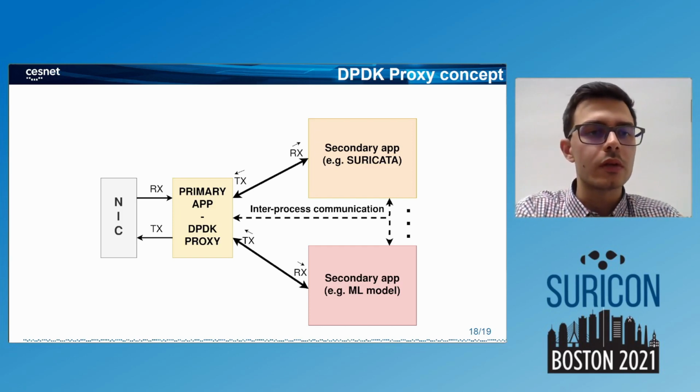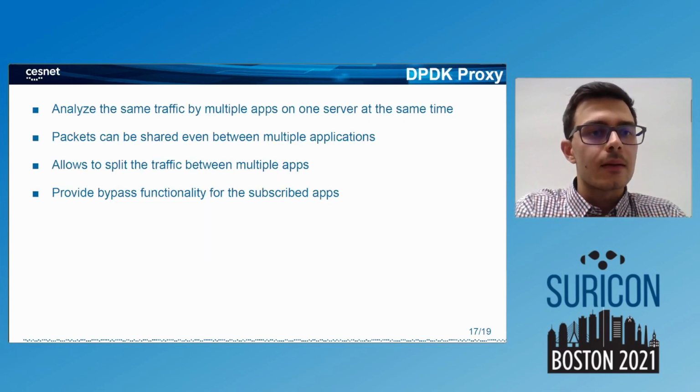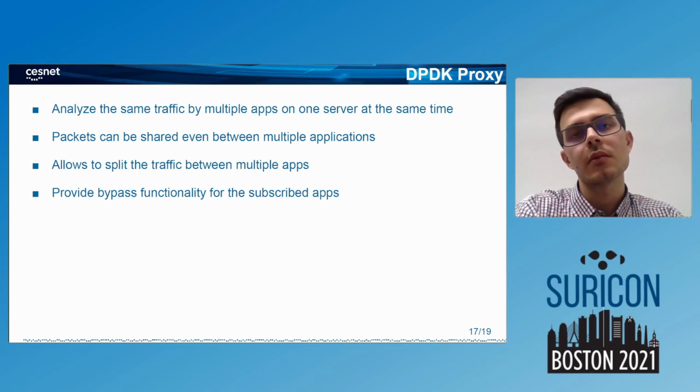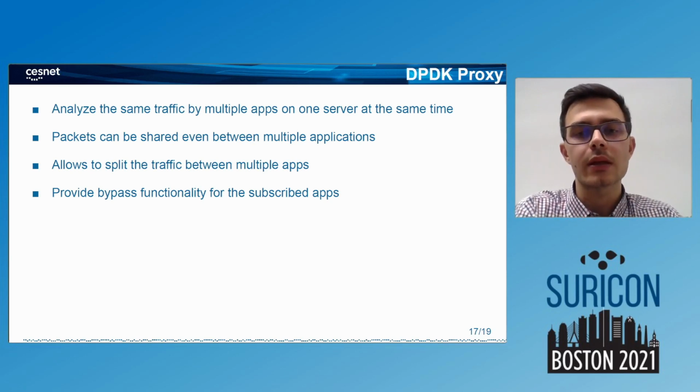If we move on to the description on the slide before, it can split the traffic between multiple apps, but at the same time it can share the same packets between multiple applications because they will be stored in one mempool, from where they will be accessed by multiple applications.